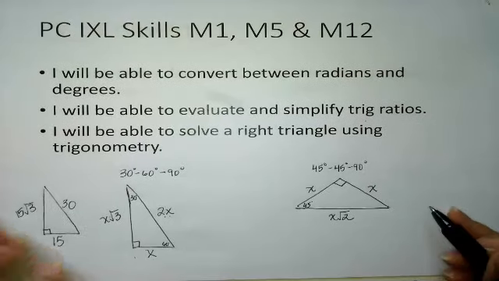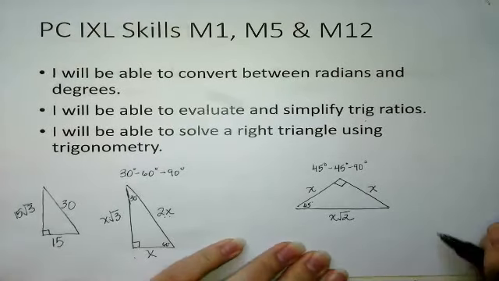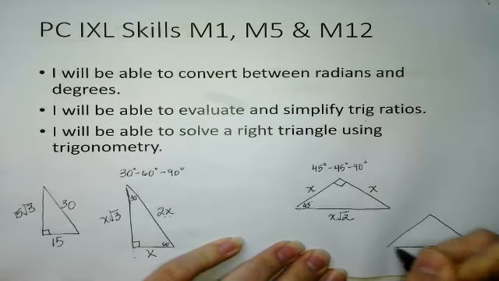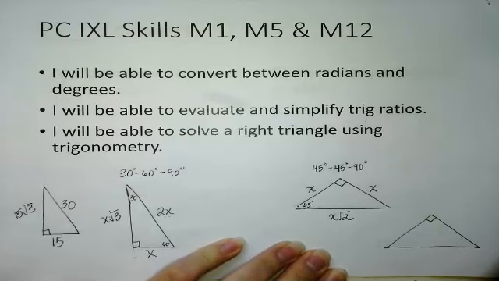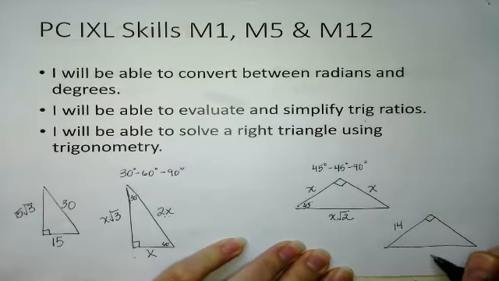The same is true over here. If you have a 45, 45, 90 triangle, maybe you don't know that it's a 45, 45, 90 triangle necessarily. You know you have a right angle. But if you know that you have a side length of 14 and a hypotenuse of 14 radical 2, then you know absolutely that it must be a 45, 45, 90 because they're all that way.